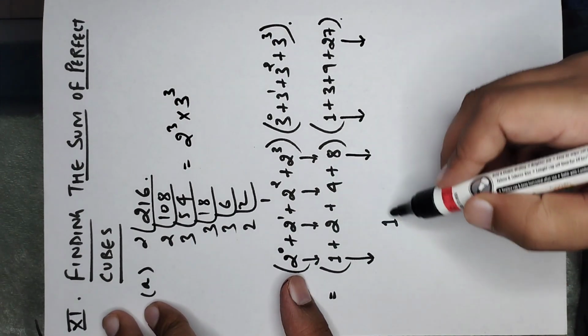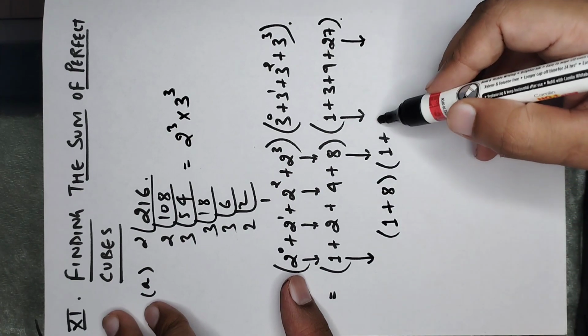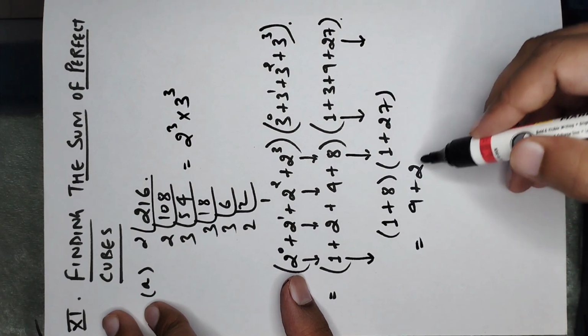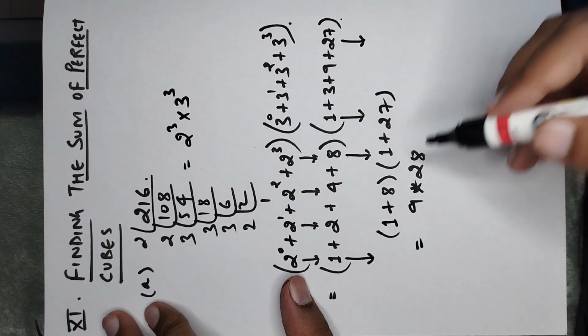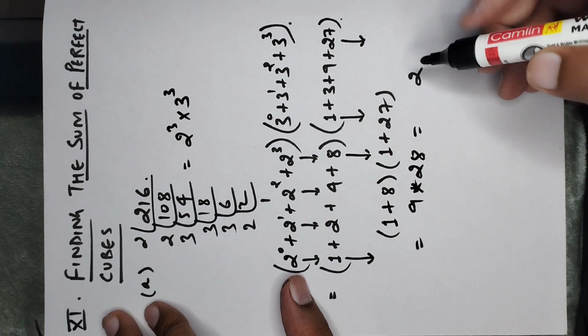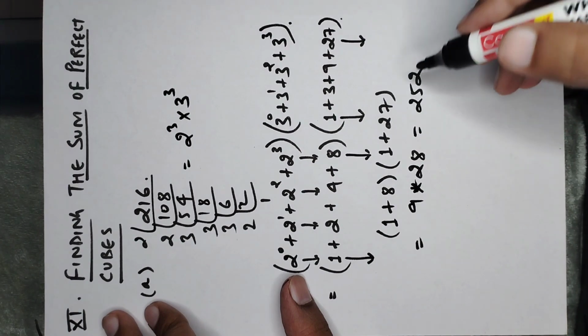So I can simply add these numbers, 1 plus 8, and then 1 plus 27. So this is 9 and this is 28. Multiplying 9 times 28: 9 times 8 is 72, 9 times 2 is 18, and 18 plus 7 is 25.